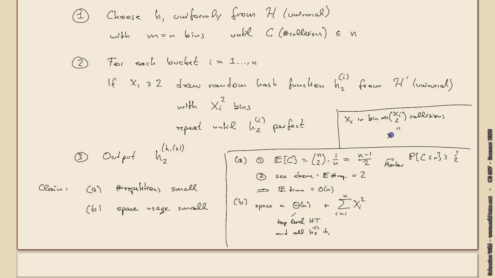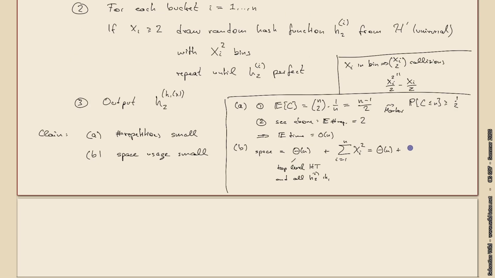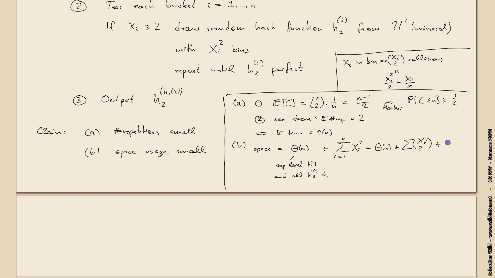Right, this is xi squared over 2 minus xi over 2. And so we're going to rewrite this as the linear term from before. Might run out of space. We'll see. The space analysis runs out of space. Then we have the xi choose 2. And we have plus these guys.